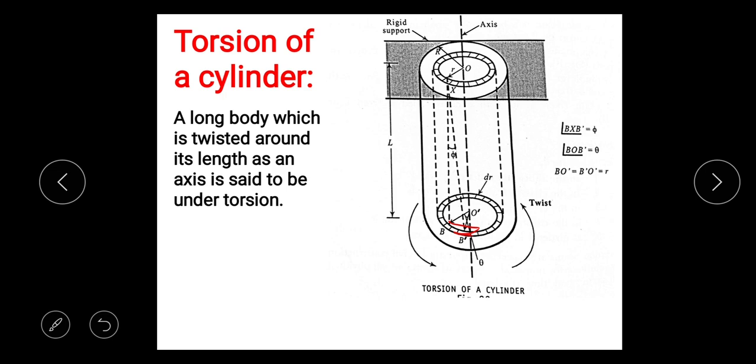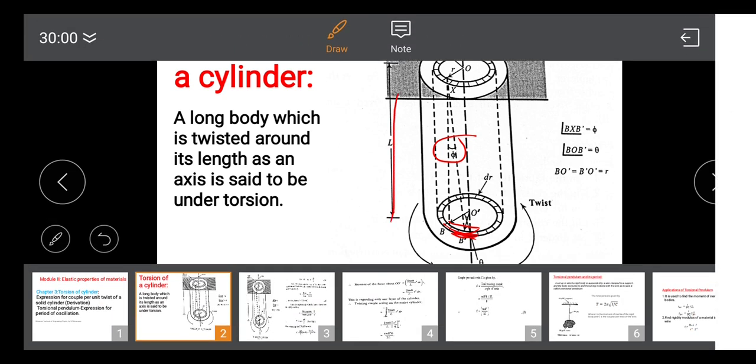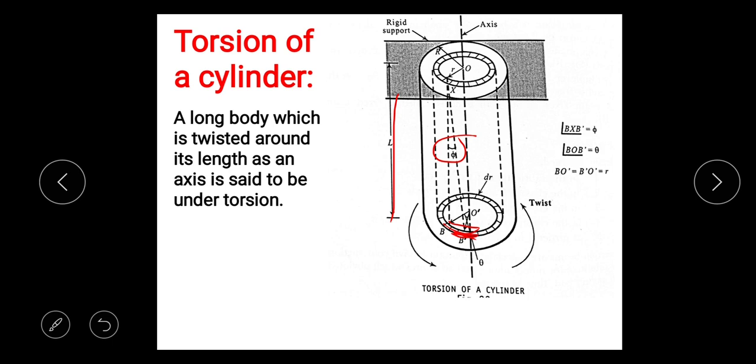While we consider angle phi, we can write BB dash is equal to L phi, where L is the length of the cylinder and phi is the angle. This is one of the relations, and we'll go for another relation here.